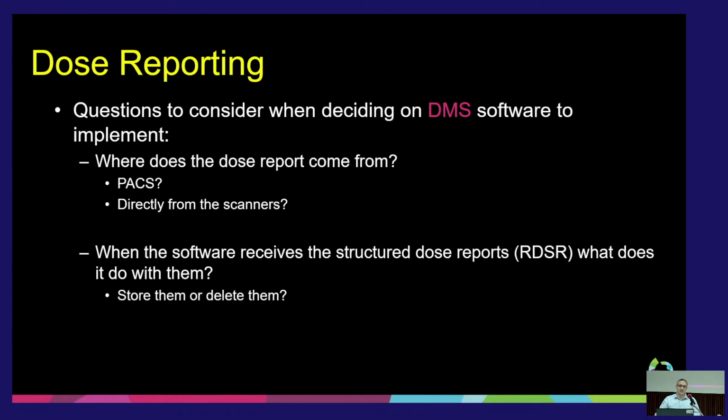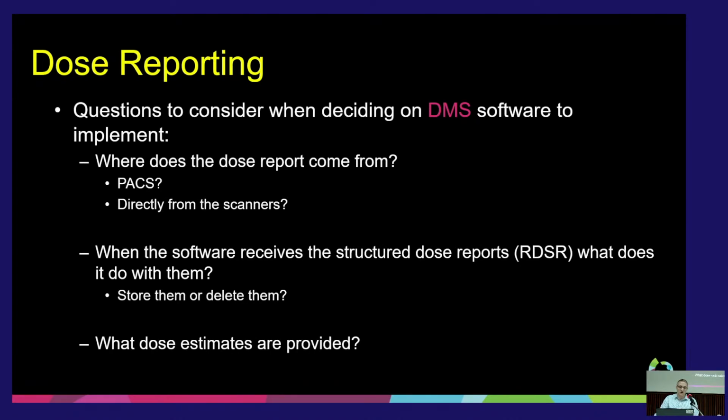Usually the newer ones get the RDSR in, read through it, take everything out of it, and delete it. So if there's ever a correction that needs to be made, you have to go in and manually correct it. How they handle the data after it's been sent to the dose monitoring software is an important thing for you to consider.